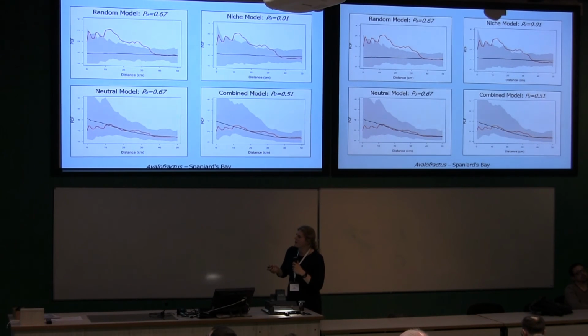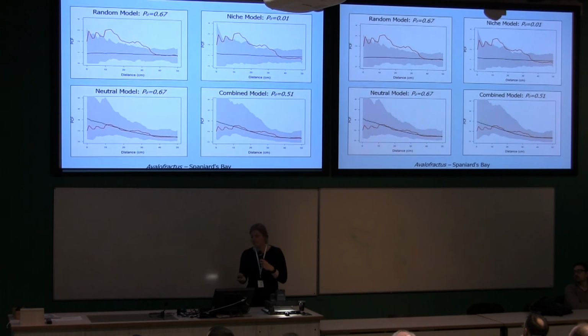We've also got a niche model which describes it a little bit better, but not much. But we start getting really good model fits when we look at the dispersal models only. And what's quite interesting is that the combined model is actually a worse fit than just using the neutral model. I think the actual value for the niche model is 0.33.